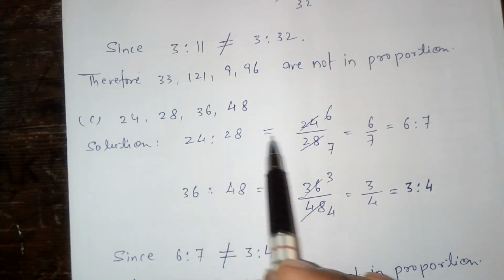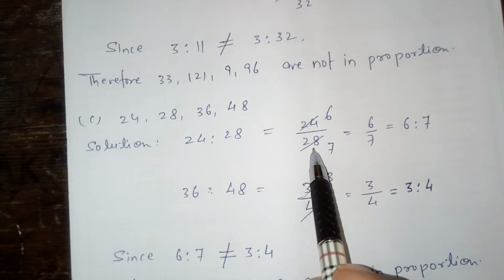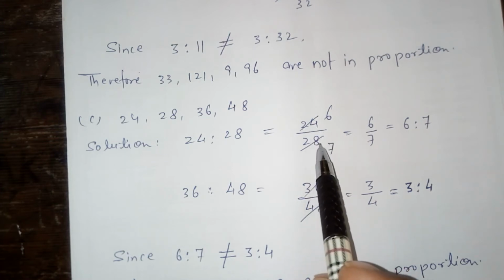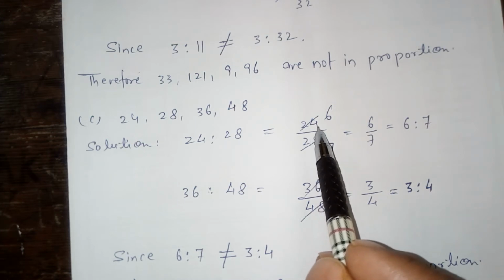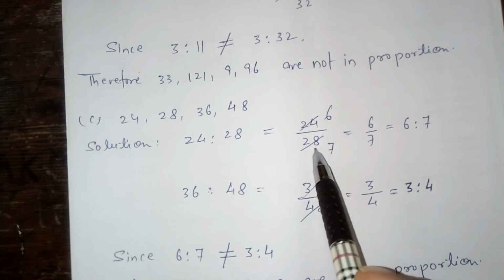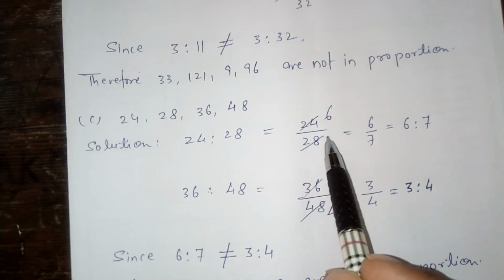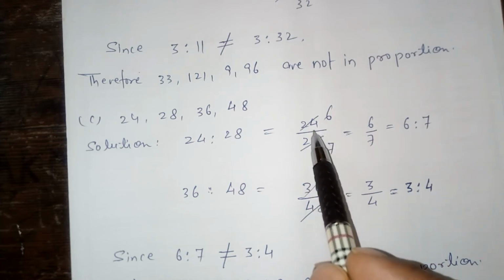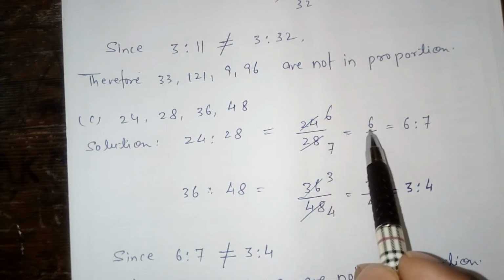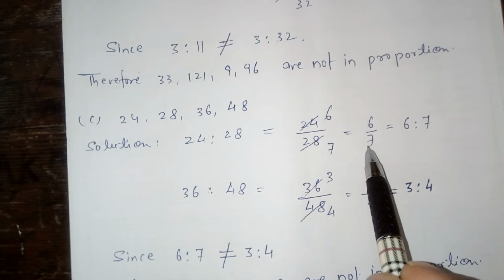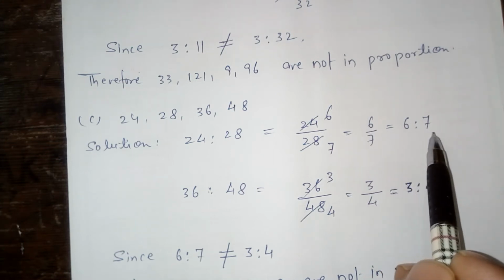It will give to you 24 upon 28. 24 and 28, it will be cancelled by the same number 4. 24 divided by 4, it will give to you 6, and 28 divided by 4, it will give to you 7. 4 6 is 24, 4 7 is 28. It will give to you 6 upon 7 is equal to 6:7.